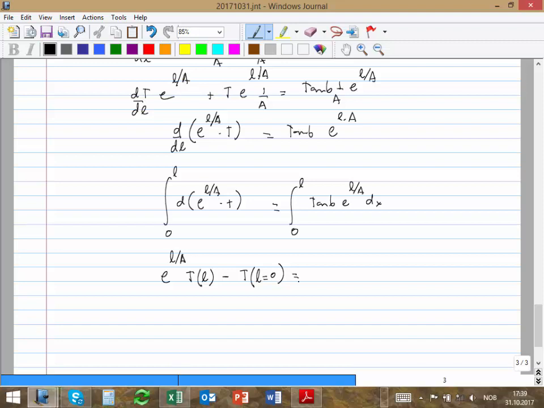And here I have the integral of the exponential, which is 1 over a exponential L over a T ambient. Yes? No, right? The a should be up here, such that when I derive it, I get exactly that expression.